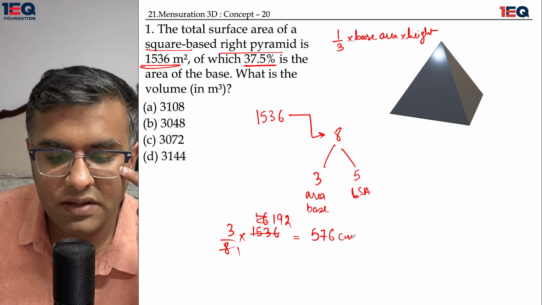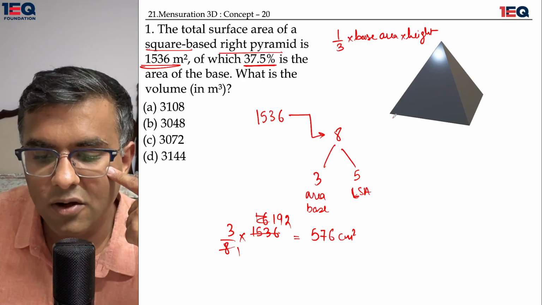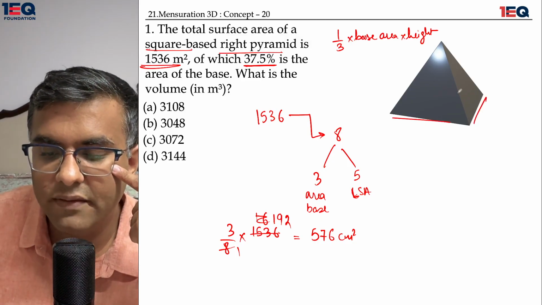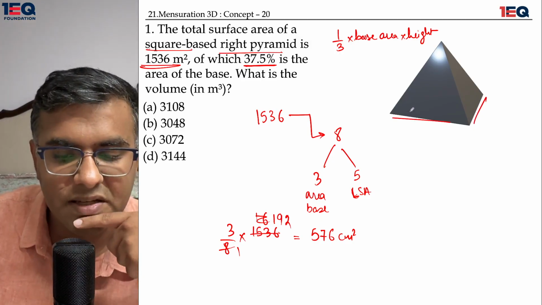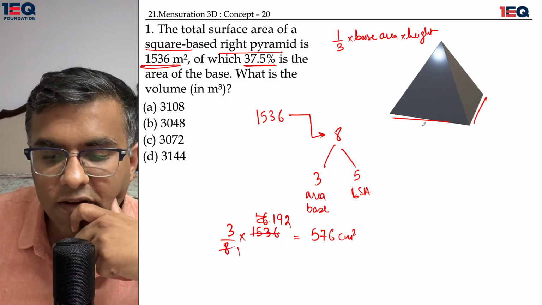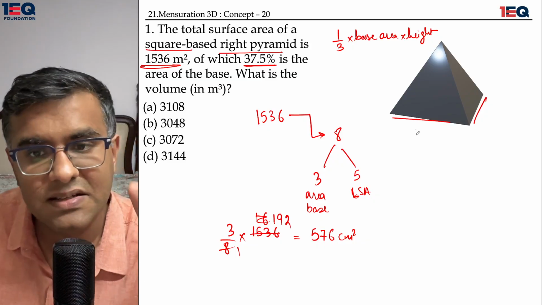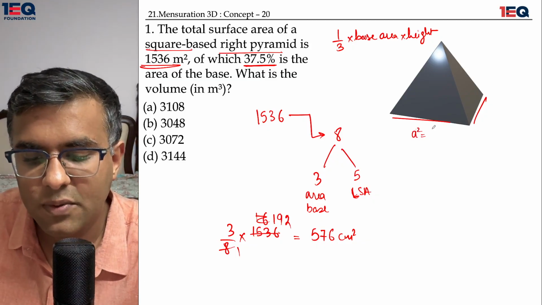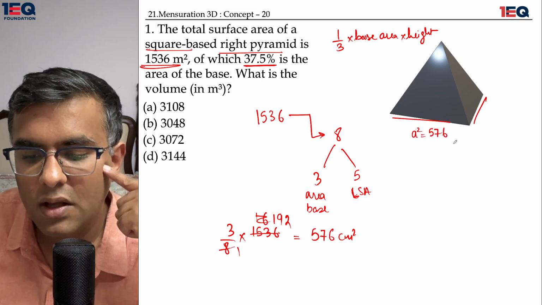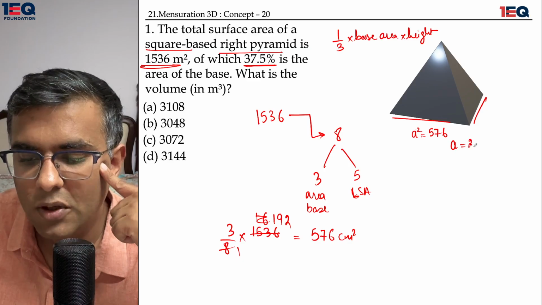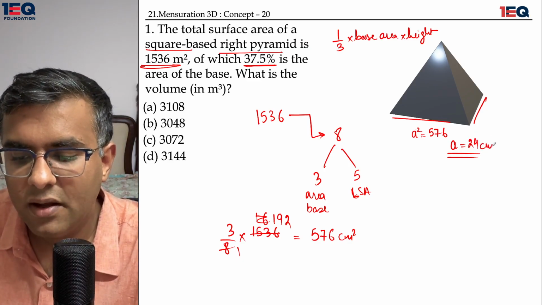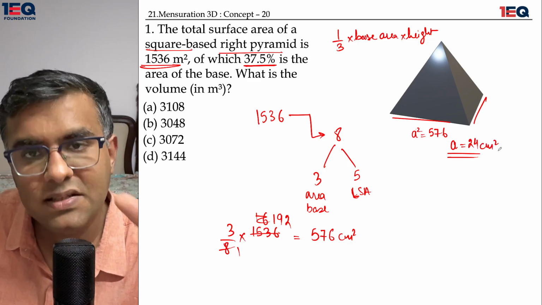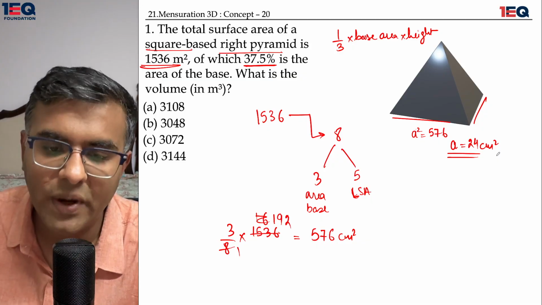So 576 centimeter square is the area of the base that we are looking at, right? And if the base is a square, then the value of a square is equal to 576. That means one of the sides a is equal to 24. So I have the side of the base as 24.